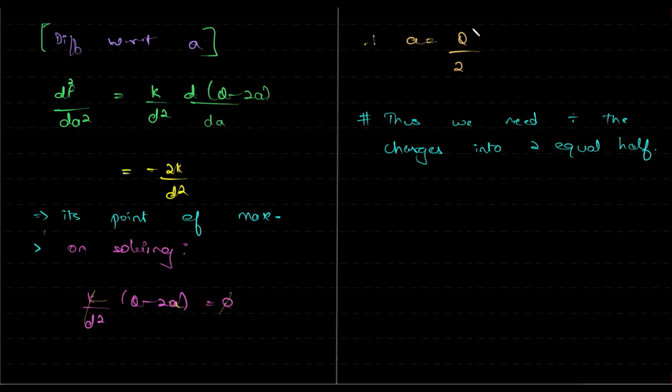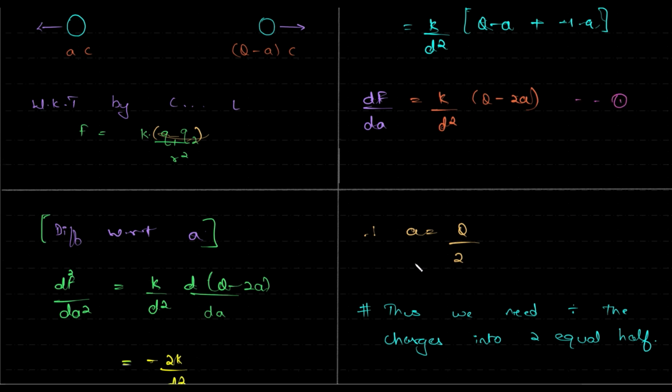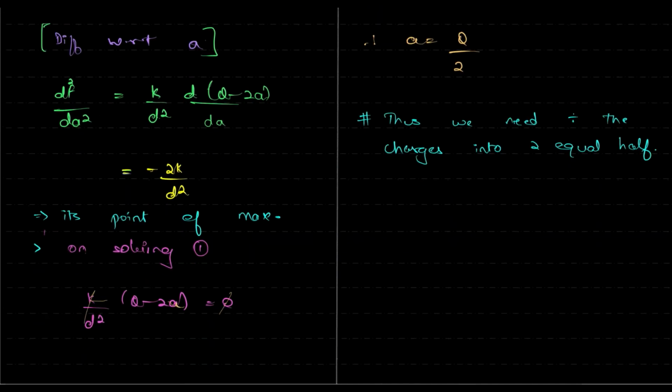On solving, okay, my bad, I kind of jumped ahead. So we'll get a is equal to q by 2. And thus we need to divide the charge into two equal halves, is our conclusion.